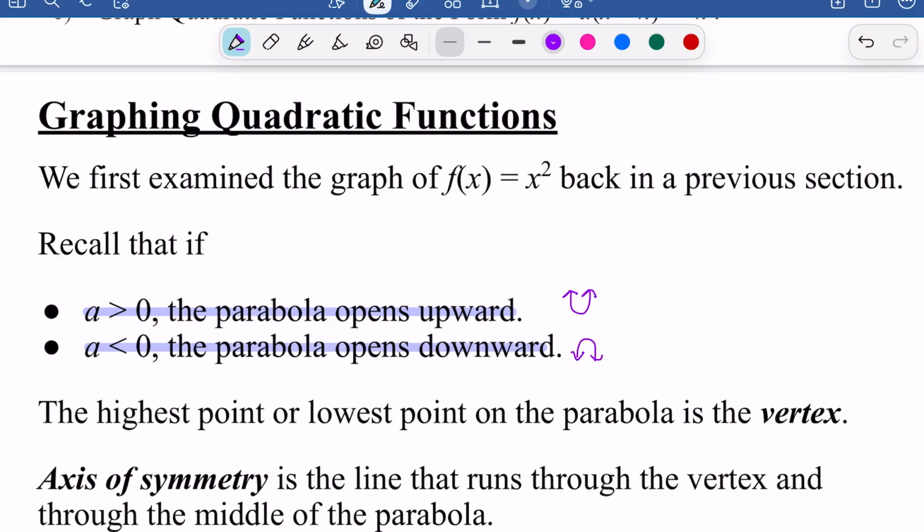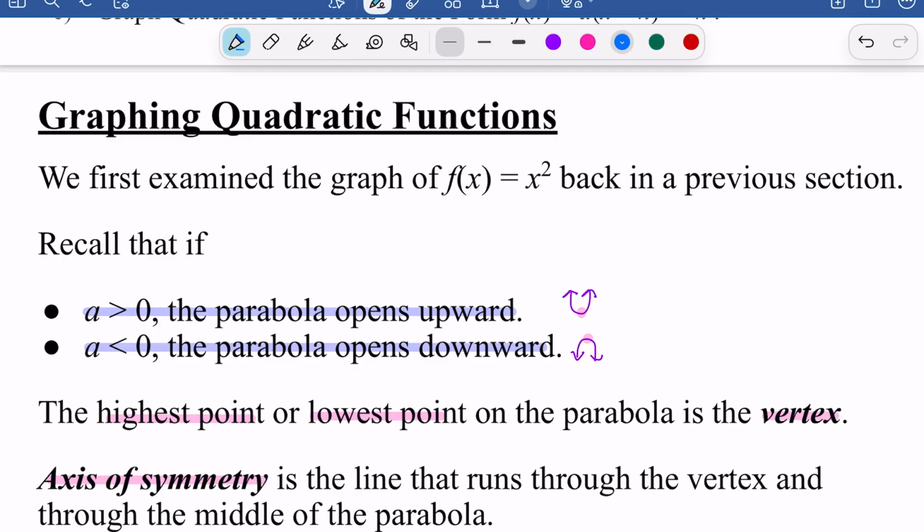The highest or lowest point on that graph is called the vertex. So the highest point or lowest point is called the vertex, and these points here would be our vertex. Now the line that goes through that vertex is called an axis of symmetry, and that's going to go through the middle of your parabola.